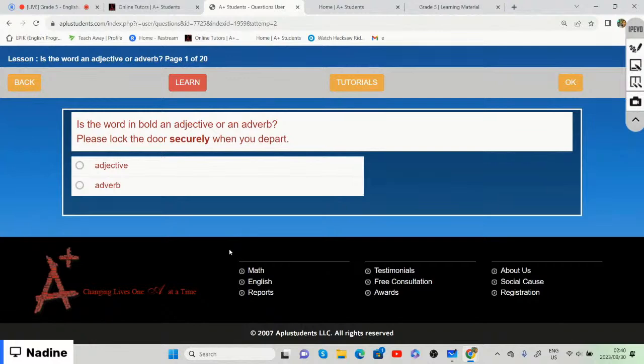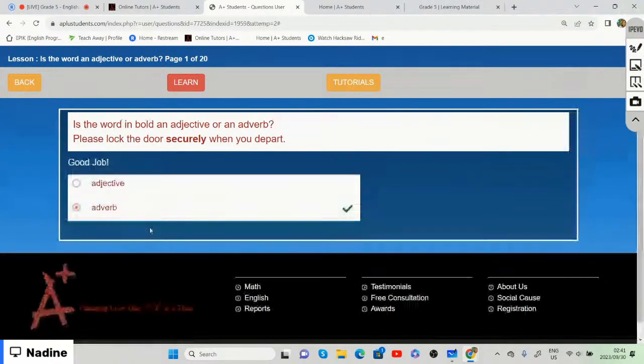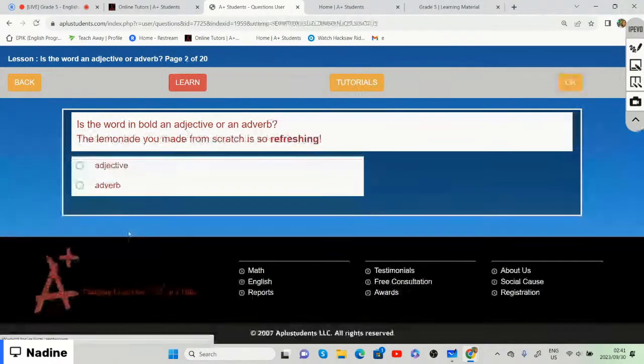So how do we lock the door? We can say securely, and we can say this is an adverb that tells us how it is locked.